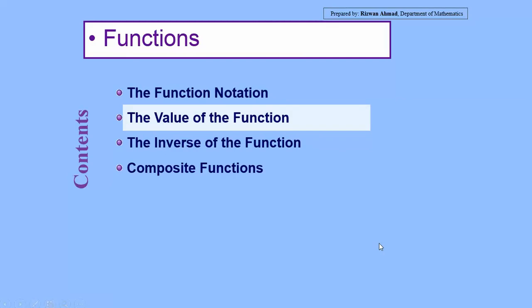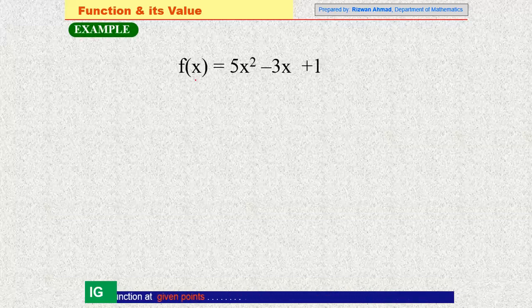Now the value of the function. Usually this kind of knowledge we need, the basic knowledge. An example, f of x is equal to 5x squared minus 3x plus 1. Here the input is x, which appears here and here.